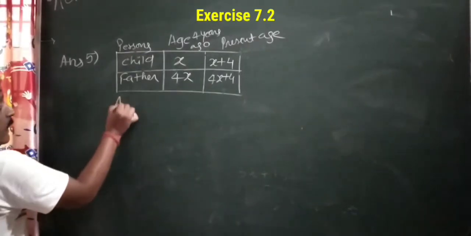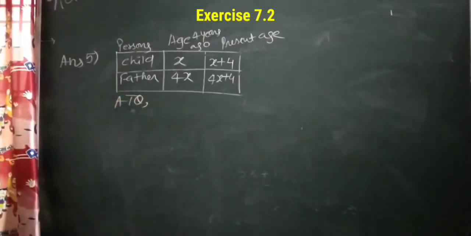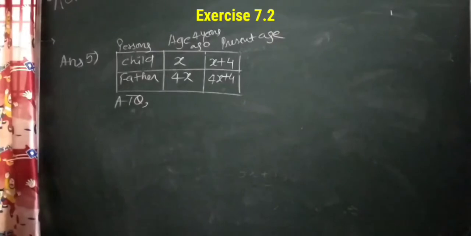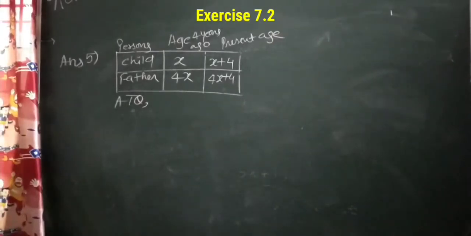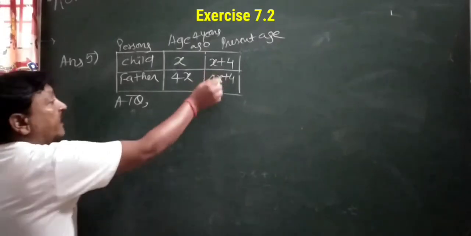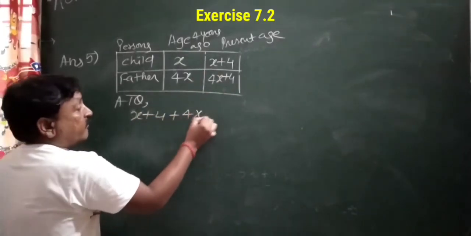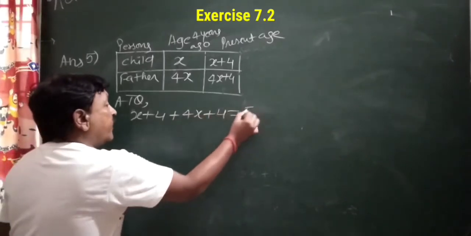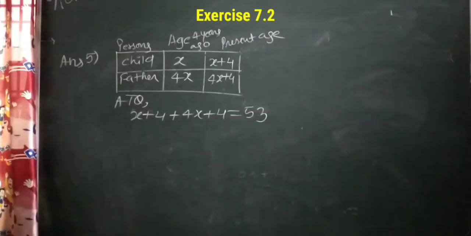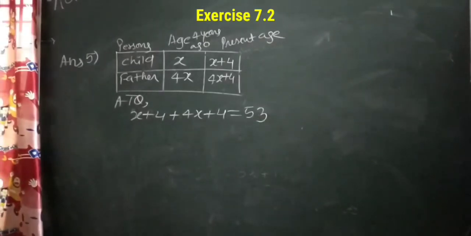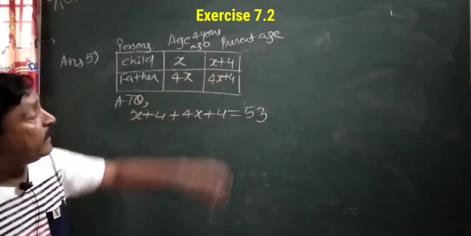Now, according to the question, at present the sum of my father's age and that of mine is 53 years. Means if we add their present ages, child age plus father age, it will be equal to 53. Now the question is asking to find their present ages. So what we have to do? We have to find out the value of x, and then we can easily find out their present age.